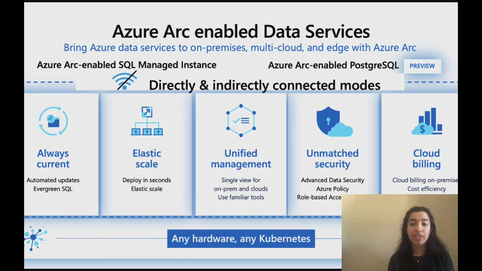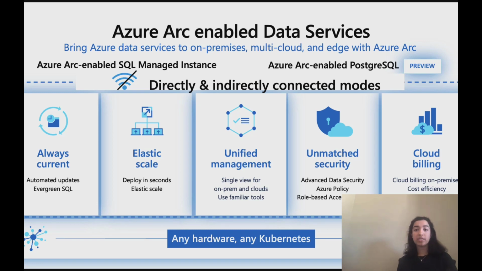Now on top of this, we also bring that cloud elasticity on premises to you. So you can optimize performance of data workloads with the ability to dynamically scale up or down or scale out without any application downtime. But besides just this, you're also connected to Azure.